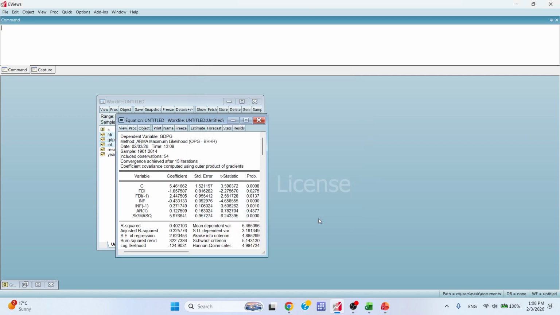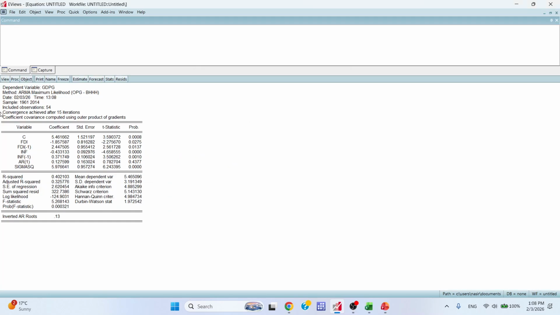Then press OK. Now you can see that it has given us the result for the ARIMAX model. Our dependent variable is GDPG, method ARIMA maximum likelihood, and the sample is from 1961 to 2014. The number of observations is 54. So this is our result.